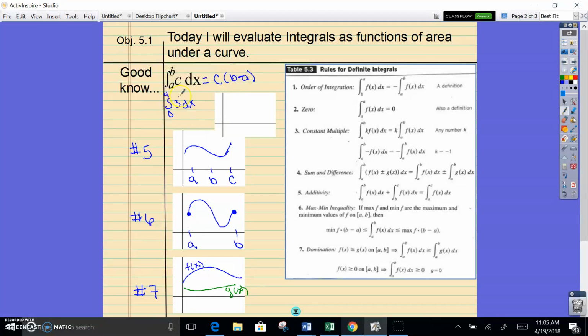So in the example that I gave you earlier, the way you would evaluate this is basically take the value 3 and multiply it by the width of the interval. And of course the answer is 12. So that works for constant functions. That's an easy way to calculate them.